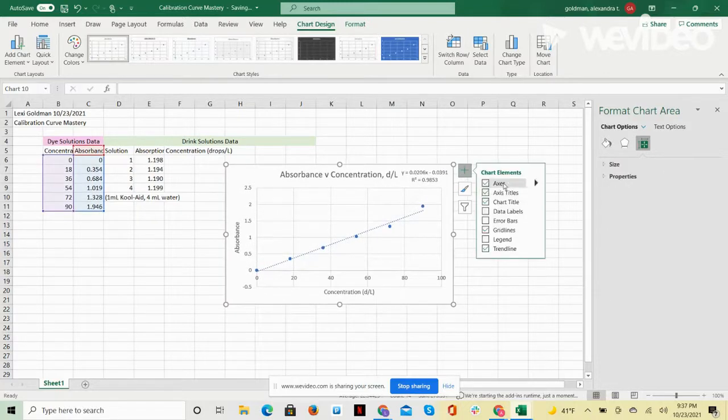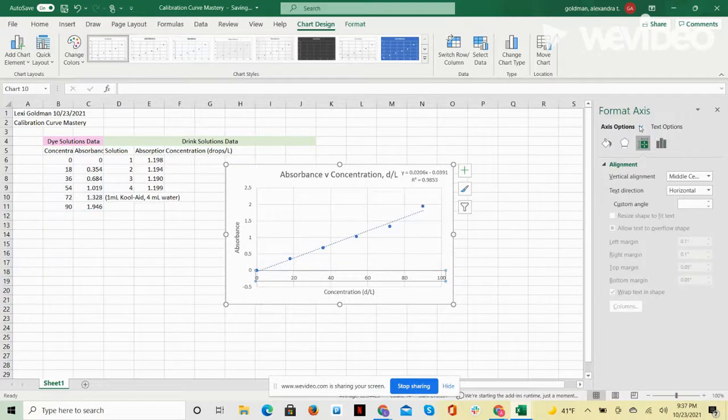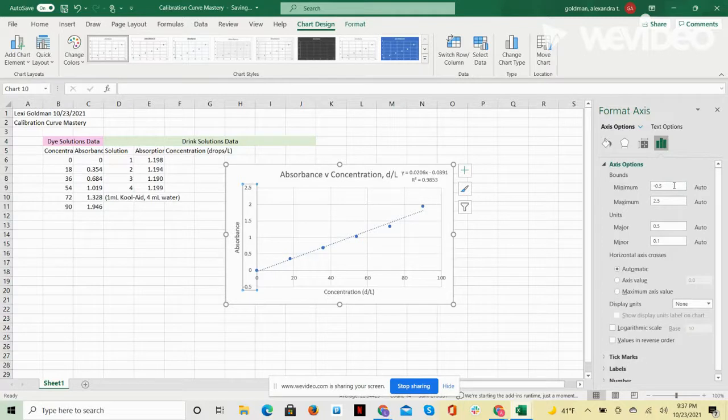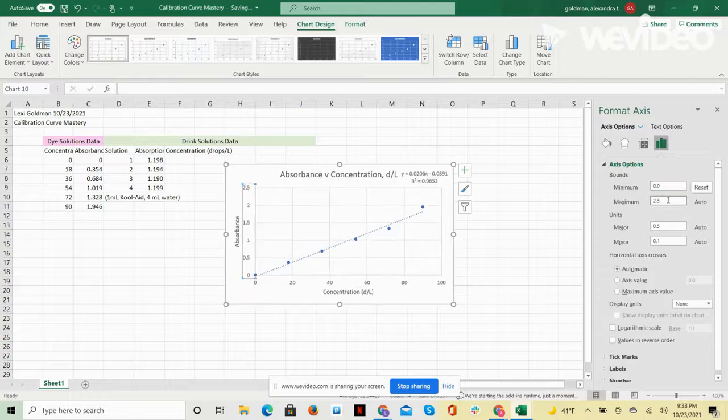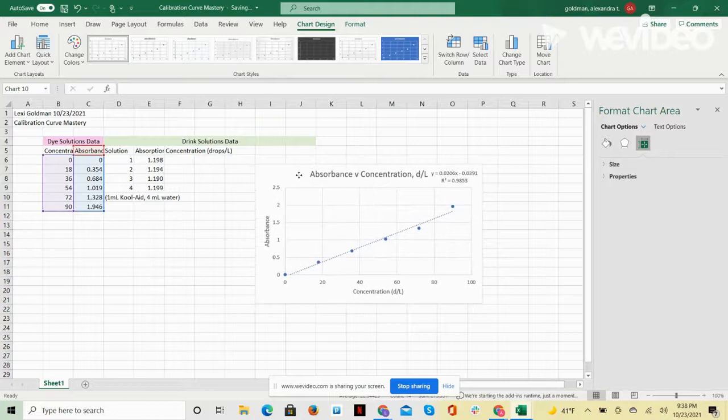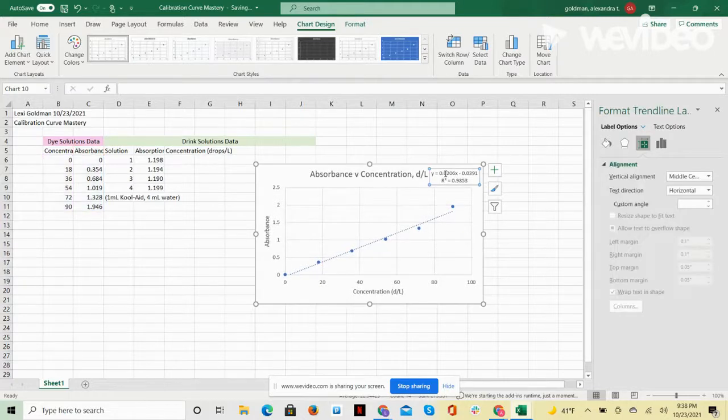I can also change my axis range, so that it doesn't go down to negative 0.5. That way the data looks more cohesive. There we go. Now that I've done all of that, I can use my equation to determine an unknown value.